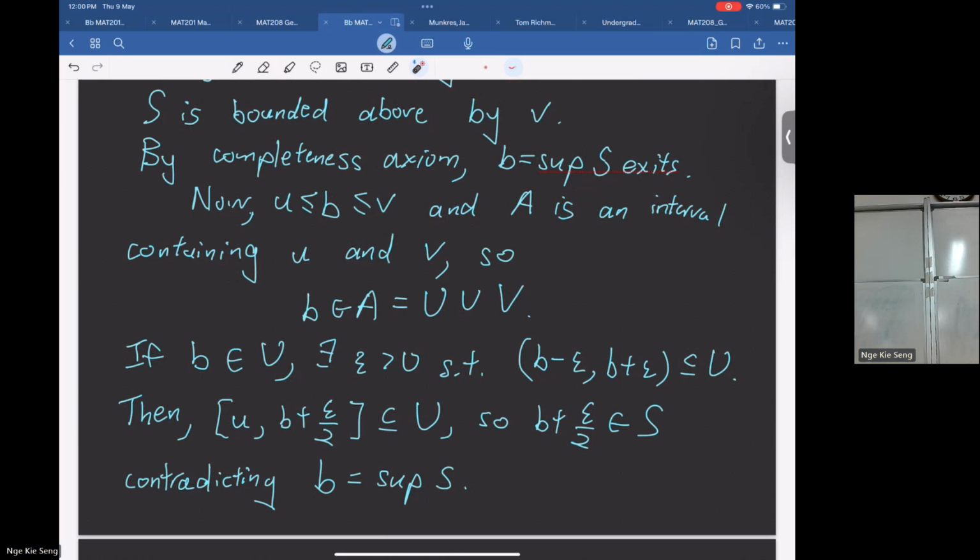What I want to claim is you can find some interval around B that lives inside you. Okay. I think there's no gap here, right? There's no gap here.